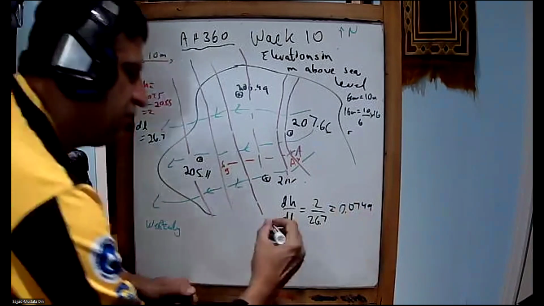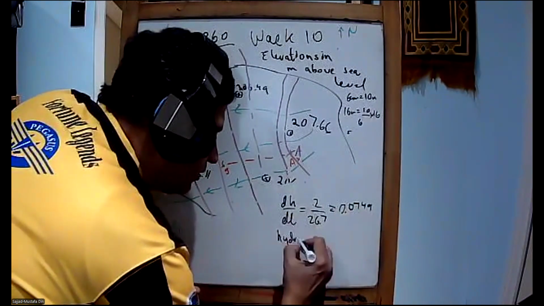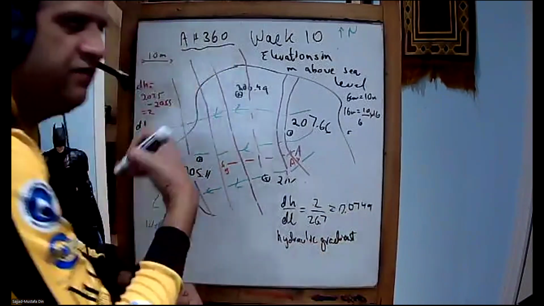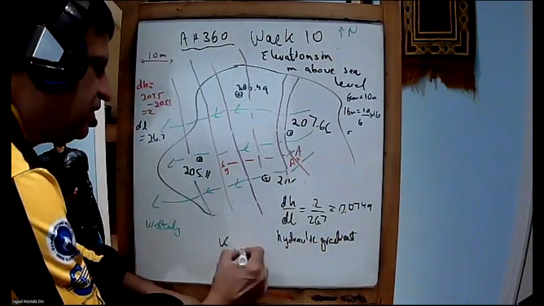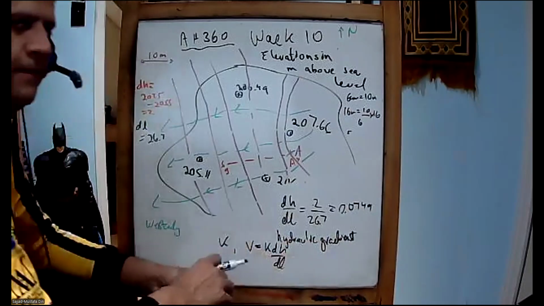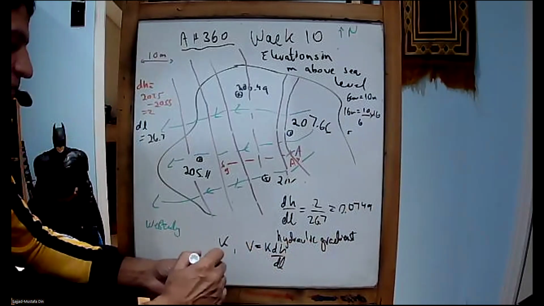That is your hydraulic gradient. And if you were able to plug in K, you can then determine the velocity. Okay, and this is going to be helpful to you.